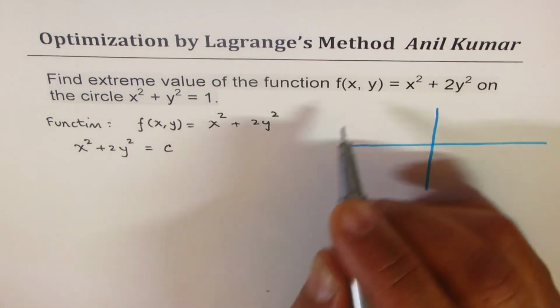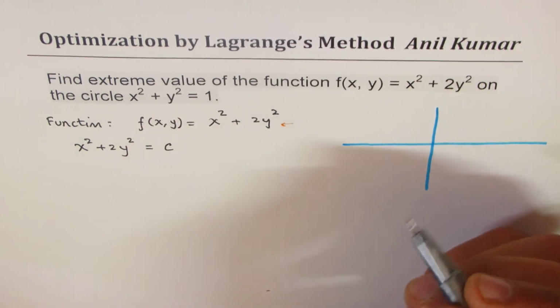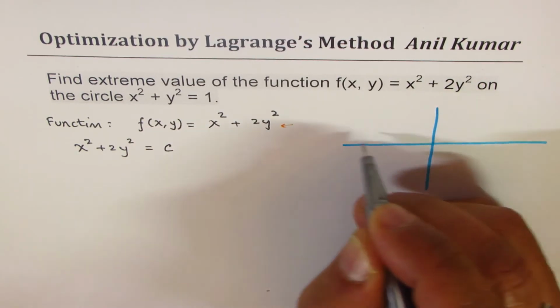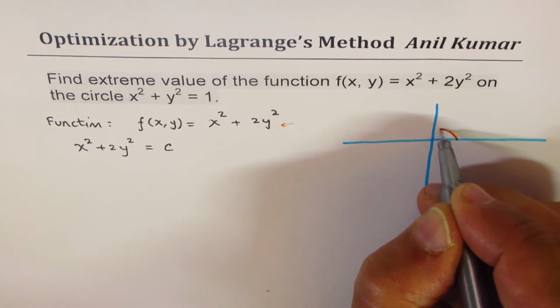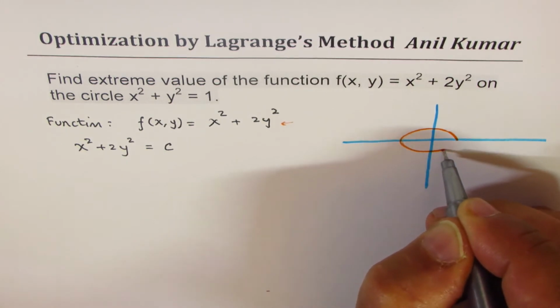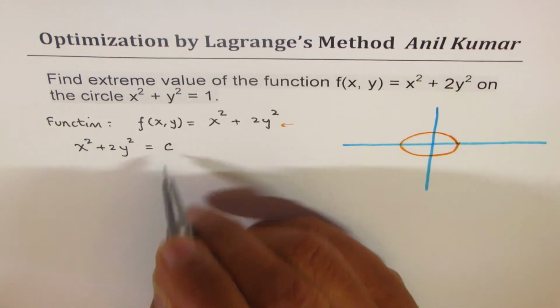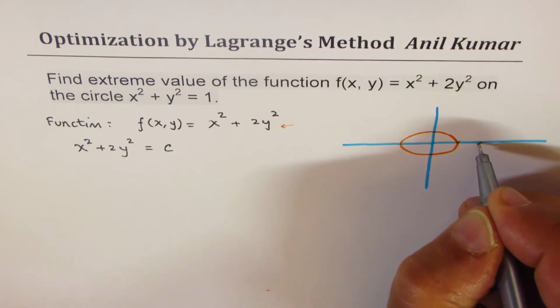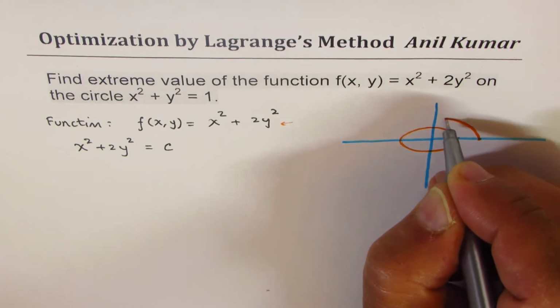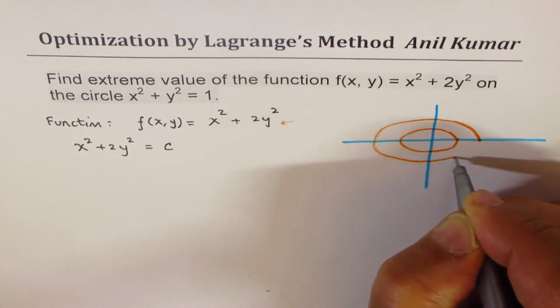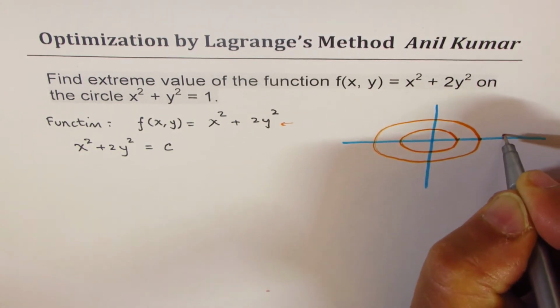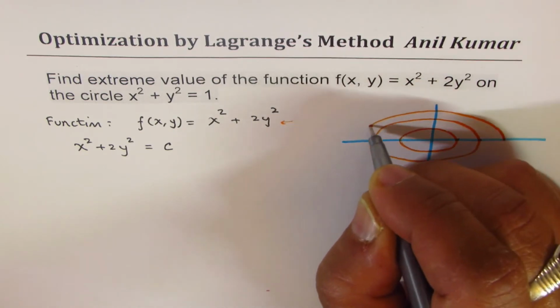So the function itself, which I'll draw in orange, will be an ellipse, right? So this is, let's say, when the value of c is 1, and then we could do it like this when the value of c is 2. We could do like this when the value of c is 3, for example.